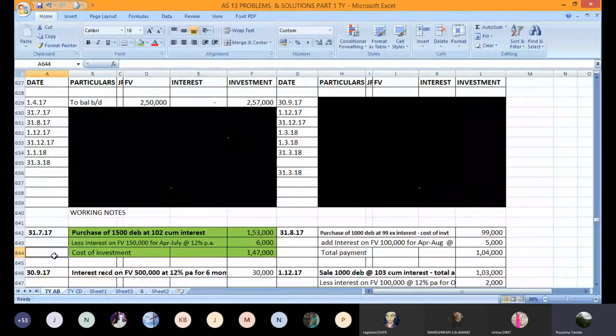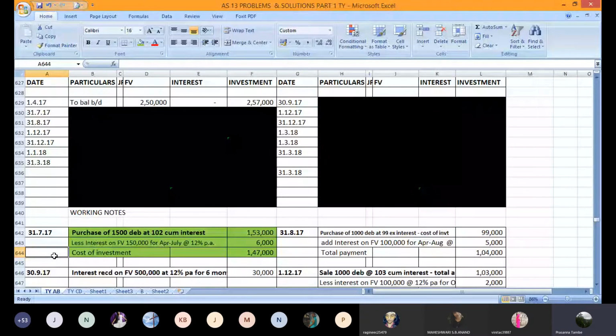And in this case, our entry will be investment account debit 1,47,000, interest account debit 6,000, to bank account 1,53,000. I think by now all of you are familiar with these entries, quite comfortable with the accounting.